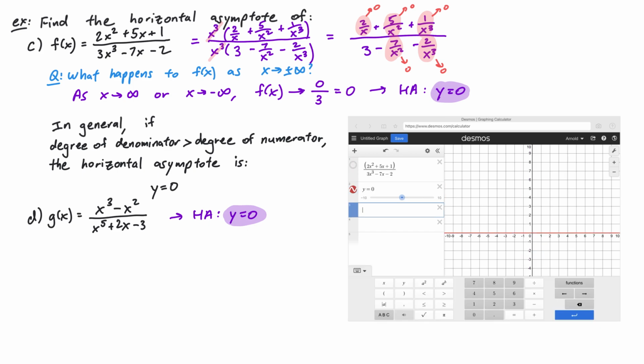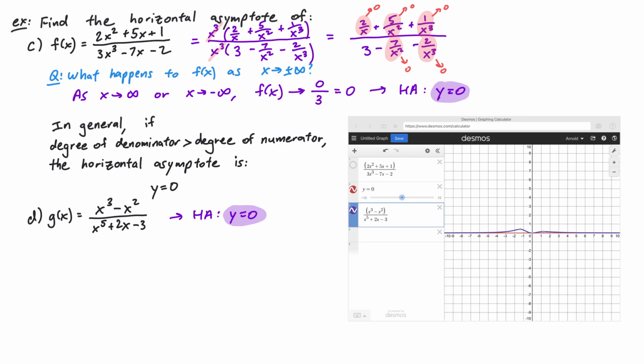Now let's type in our new rational function, x cubed minus x squared, all of this divided by x to the fifth power plus 2x minus 3. We see that as we trace our graph to the left and to the right, our graph gets closer and closer to the x-axis, so our horizontal asymptote is y equals 0.